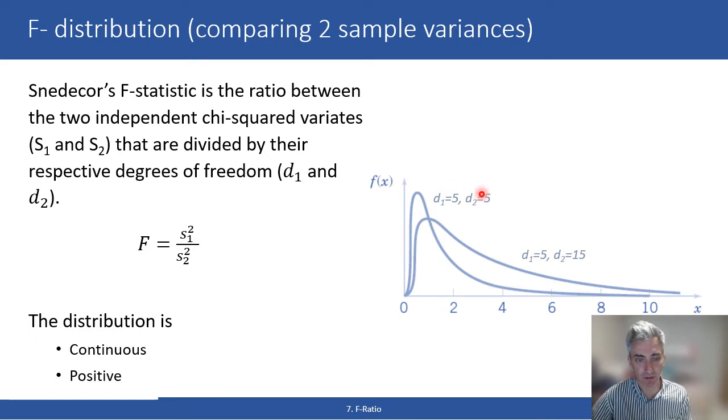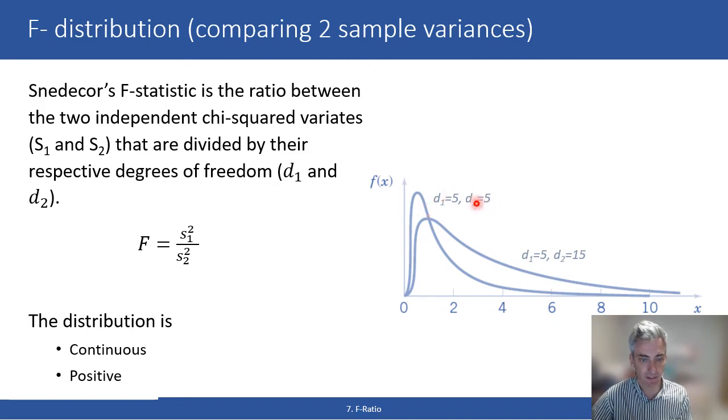The degrees of freedom here, because we're calculating a variance and because of Bessel's correction, is the number of samples minus 1. So this is the number of samples used to calculate the variance of the numerator minus 1, and this is the number of samples used to calculate the variance of the denominator, minus 1.